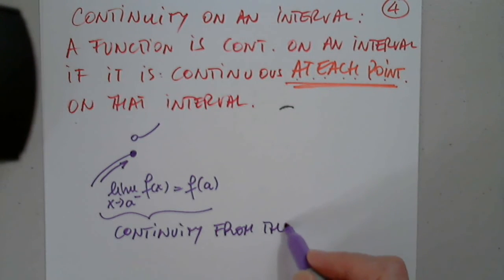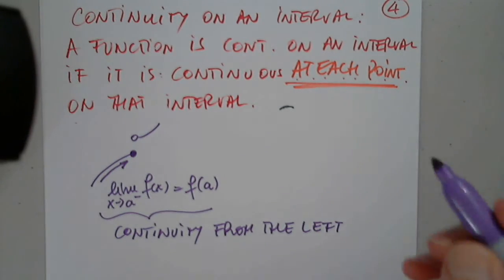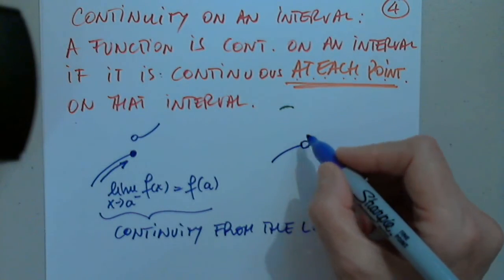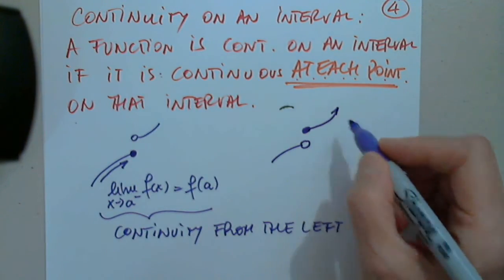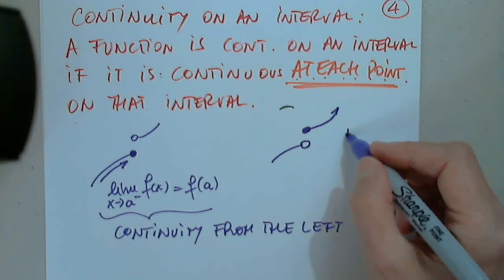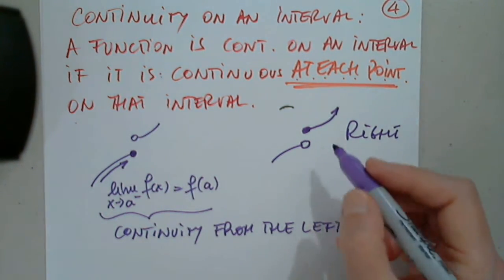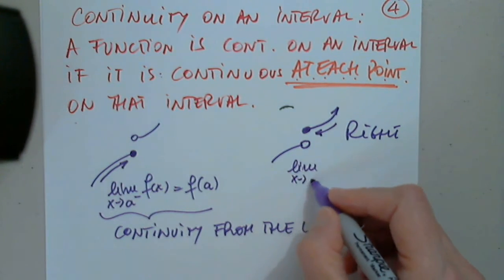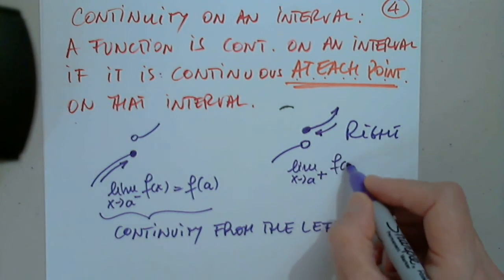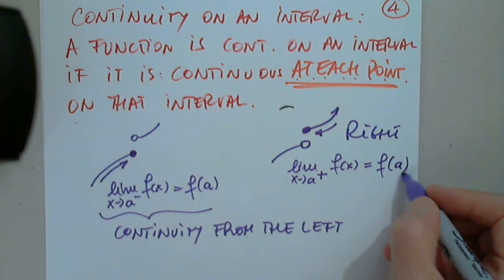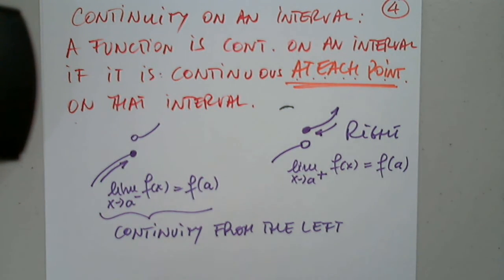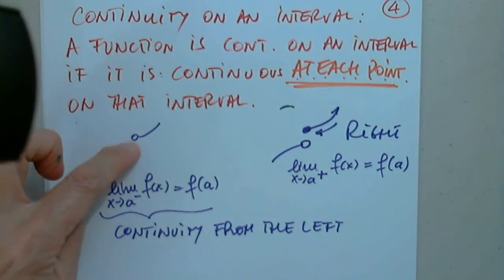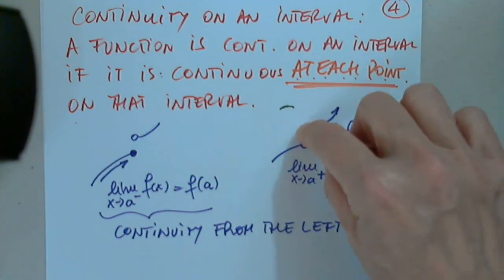We have the same thing, continuity from the right, where the limit as x approaches a from the right of f of x equals f of a. So this one is from the right, this one is from the left. The limit from the left and the function value. The limit from the right and the function value.